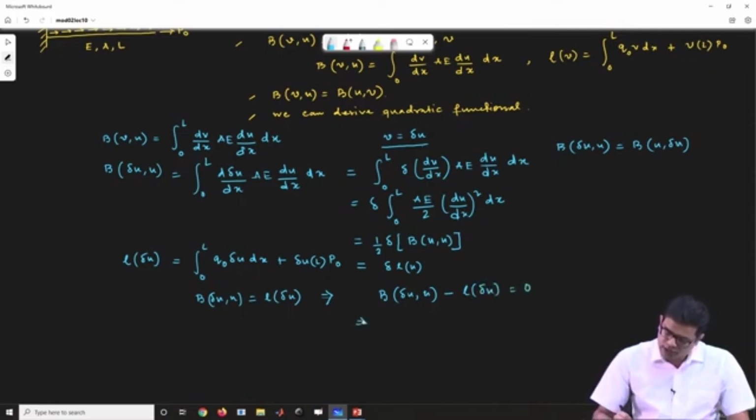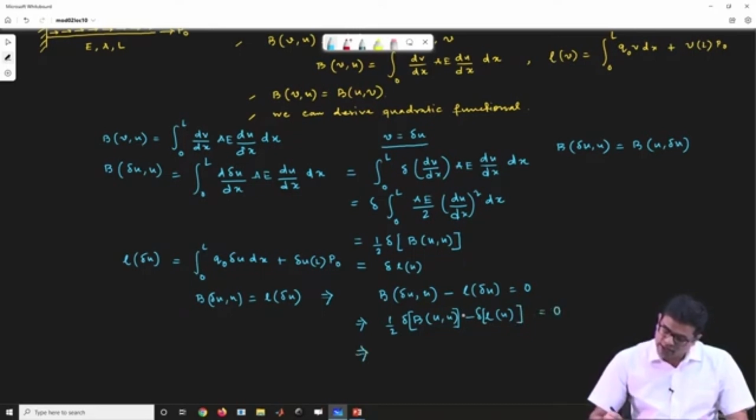So this means that b of delta u comma u minus L of delta u is 0. This is nothing but half of delta of b of u comma u minus delta of L of u, and this equals 0.